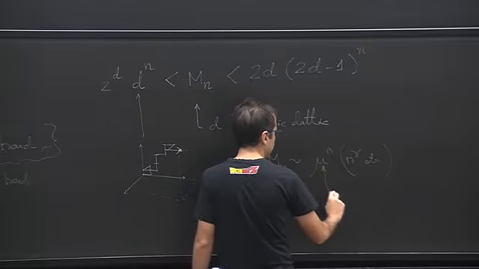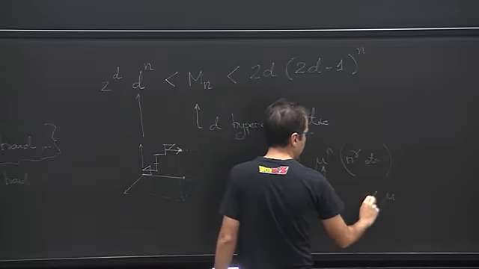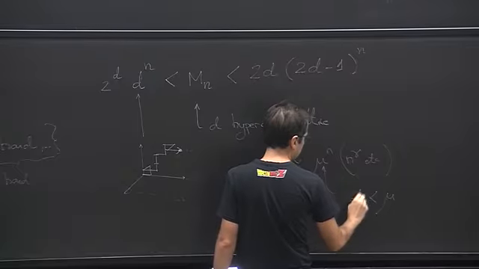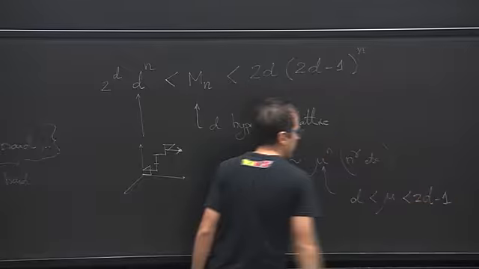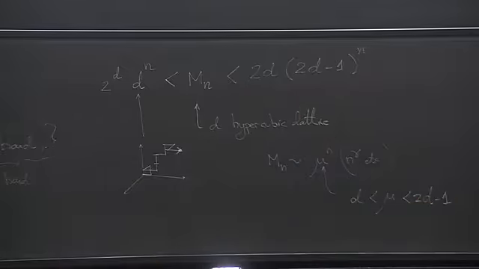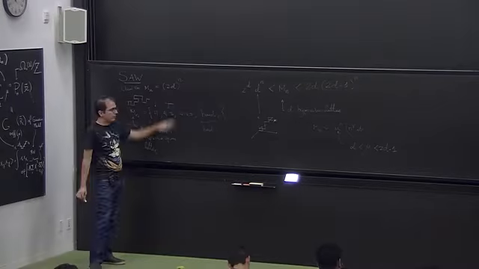And this mu is bigger than d and smaller than 2d minus 1. And for the usual random walk, mu was exactly 2d.